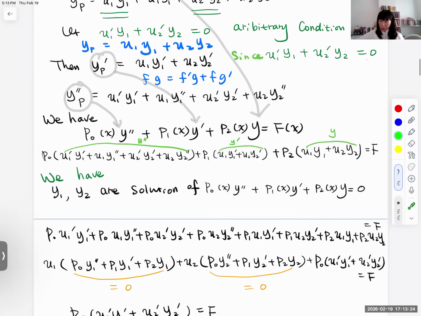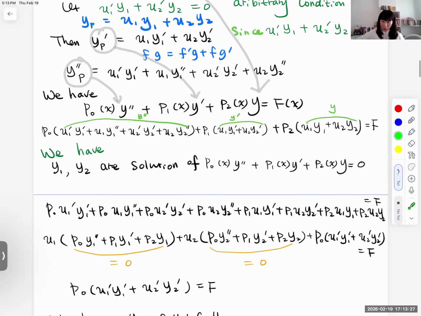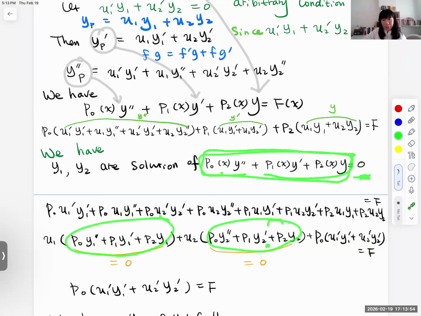Look, we distribute the first term with the second term, the first term with the second term, and that's how they got this, equal to f. If we have this form, then this part is 0. This form will appear here and here, then there will be 0, and they have a same factor, which is u sub 1 here, and u sub 2.